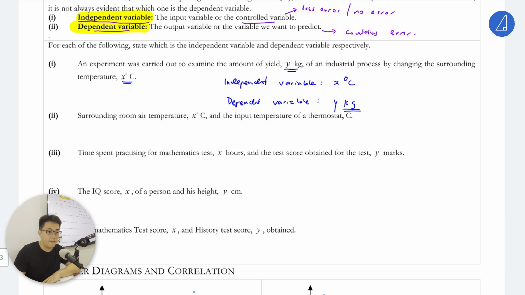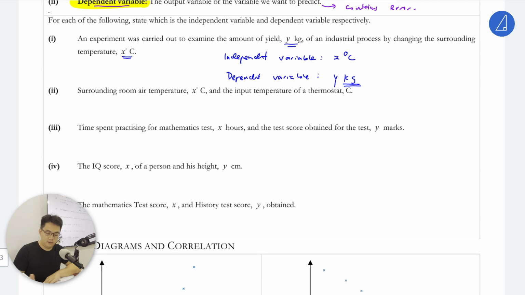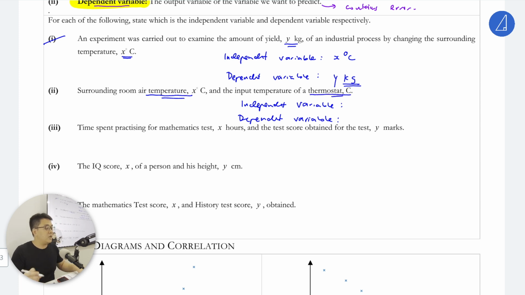Then you have the subsequent one. So the independent variable will be what? Independent variable will be the temperature at the thermostat. Thermostat is a remote control. Imagine if you have an aircon remote, you key in 24 degrees Celsius, right?